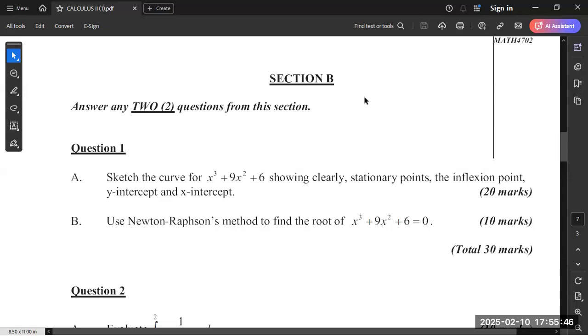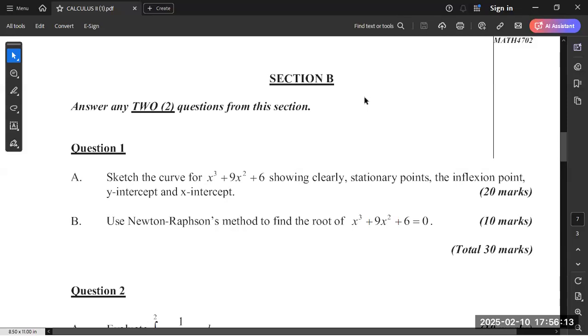Let us try -3. What is -3 cubed? -27. And -3 squared is 9, and 9 times 9 is 81, and 81 plus 6 is 87. So that's not working.